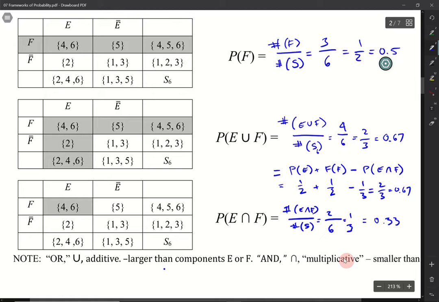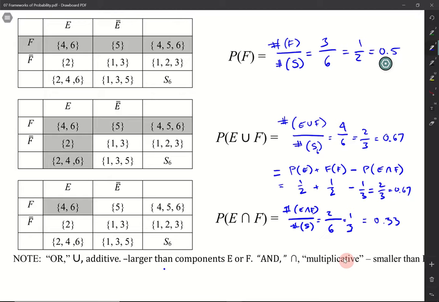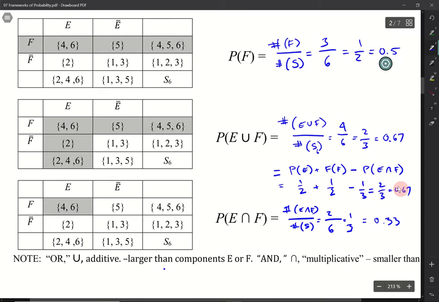One of the concepts we want to sink in today is that this intersection, this AND, is multiplying probabilities. When you add them, you get a bigger result, and when you multiply two probabilities, two fractions, together, you get something that's smaller, and that's on the right track. Okay?